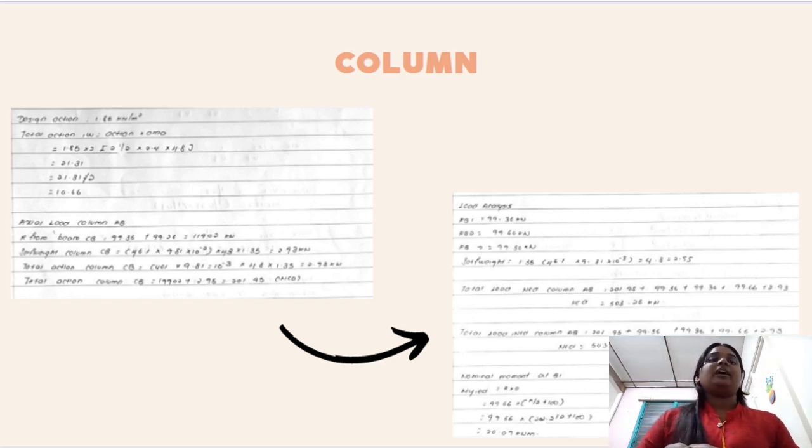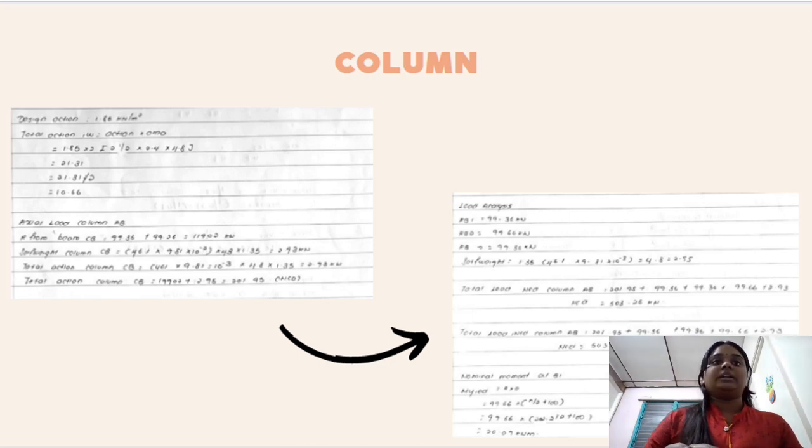Load and reactions: RB1 equals 99.36 kN, RB2 equals 99.66 kN. The self weight is 1.35 times 46.1 times 9.81 times 10 to the power of minus 3 times 4.8, which equals 2.95.